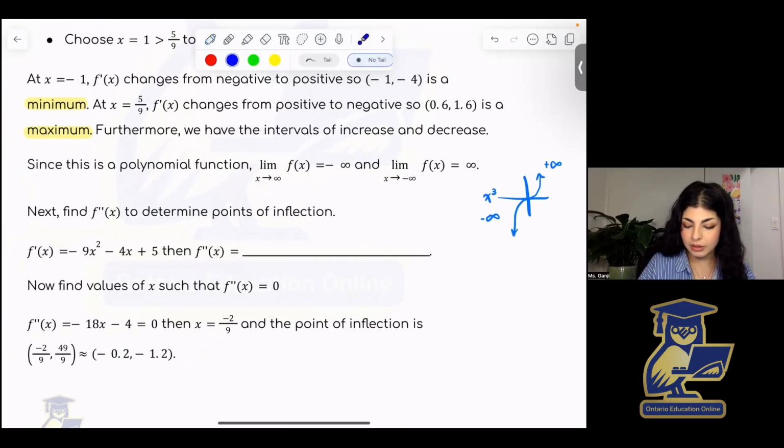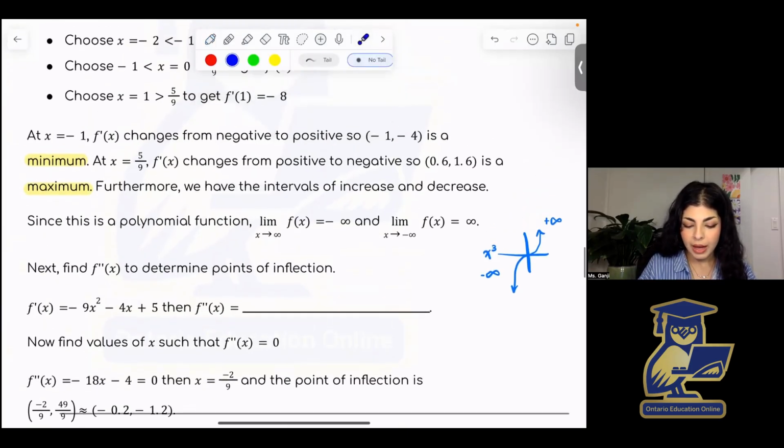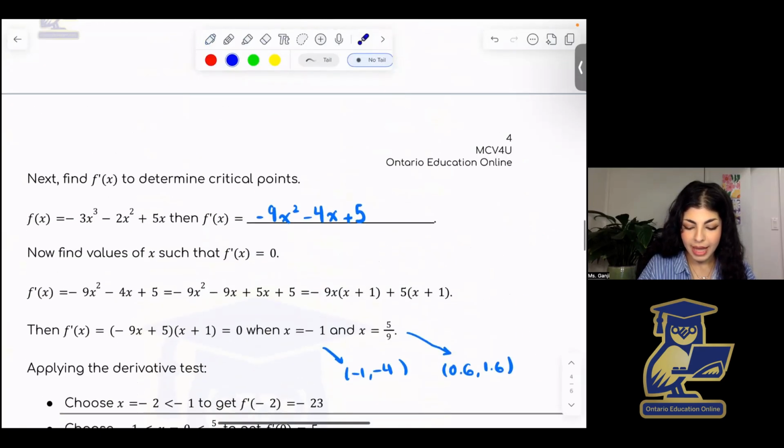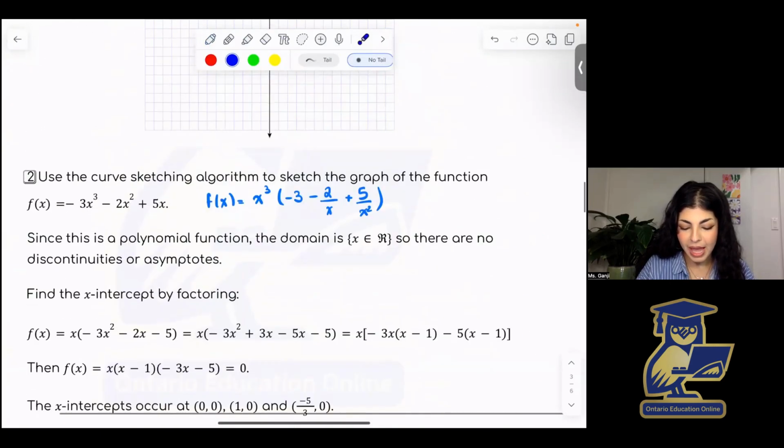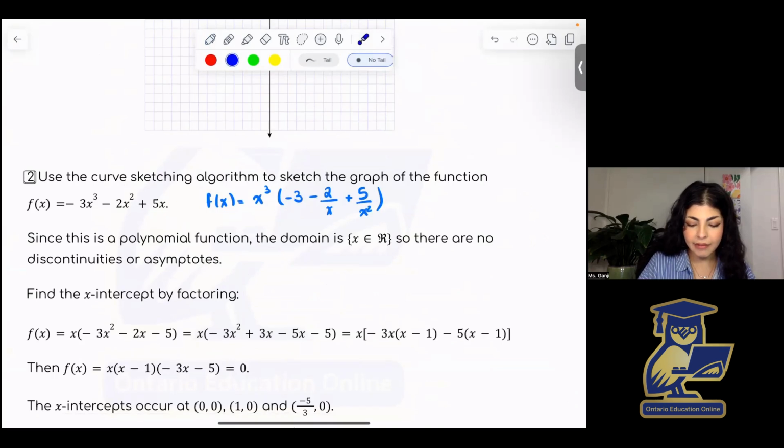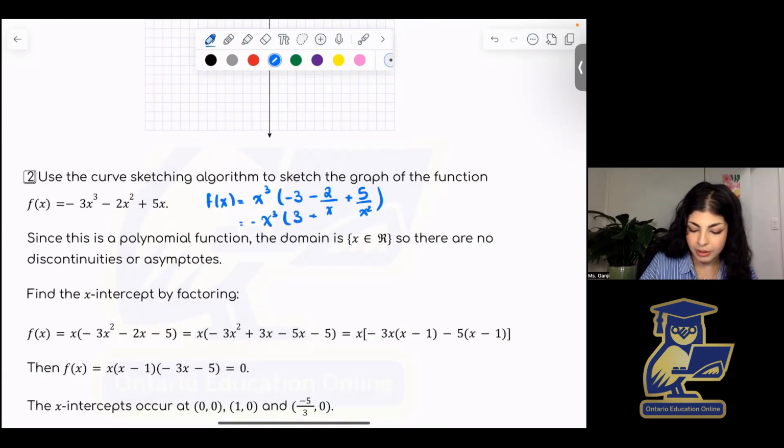That being said, because here it is a negative, we do have to consider the negative as an important part. You need to factor that part out. So this is negative x cubed times (3 plus 2/x).